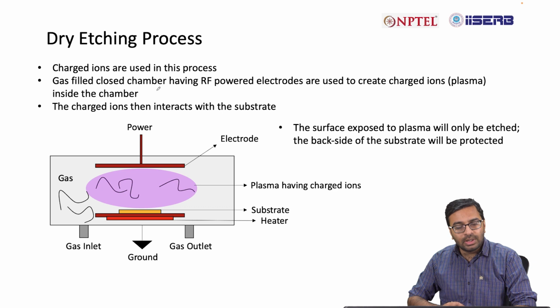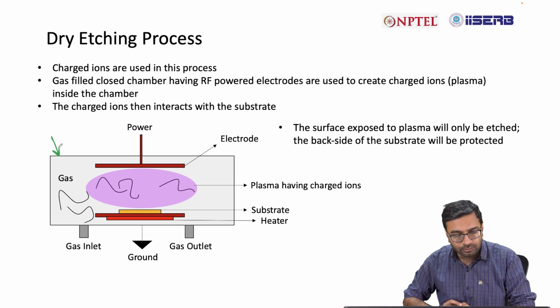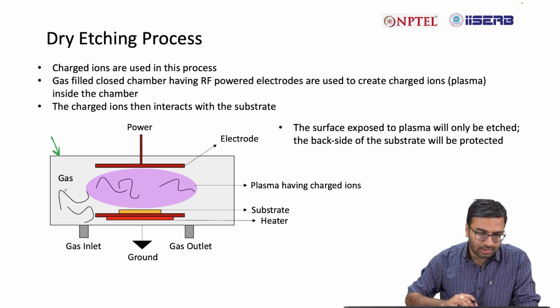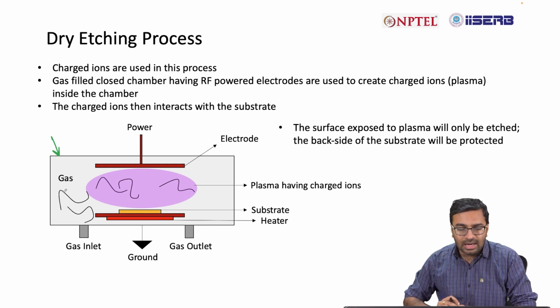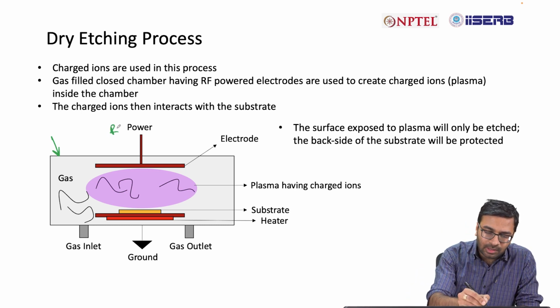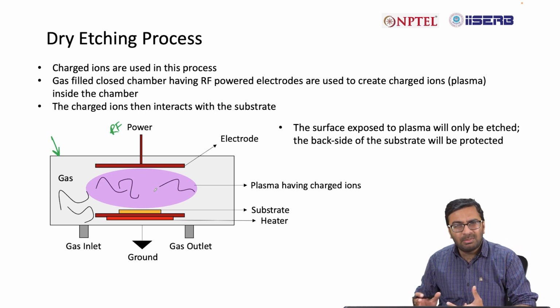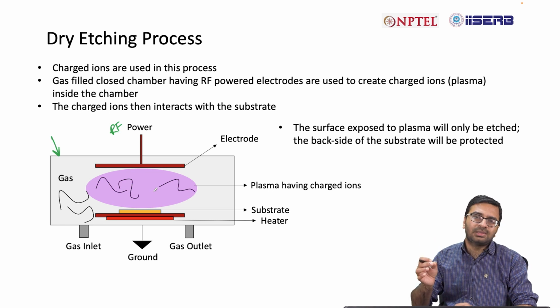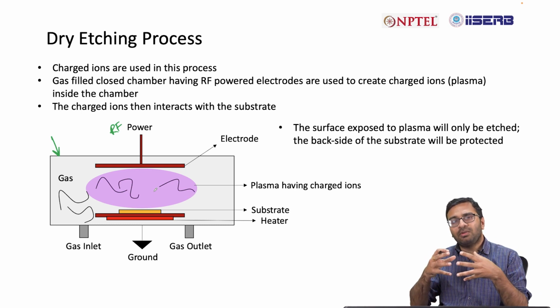In this case, you take a closed chamber and fill that chamber with a certain gas, and then you use RF power in order to create plasma inside that chamber, similar to what you have seen in the sputtering process. There also you introduce argon gas, you energize that argon gas with the help of RF power or some other power, and then you create plasma of that gas.